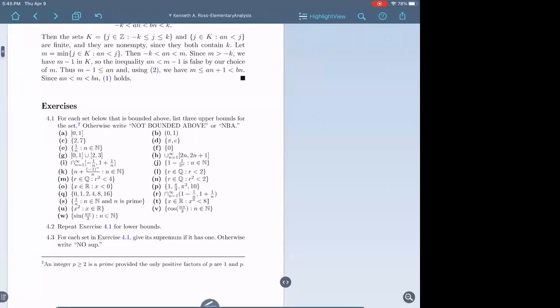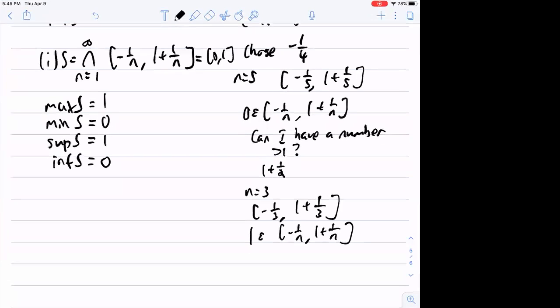Since most people are sort of struggling, let's practice another intersection question. The intersection over n equals 1 to infinity of the interval [1 - 1/n, 1 + 1/n].